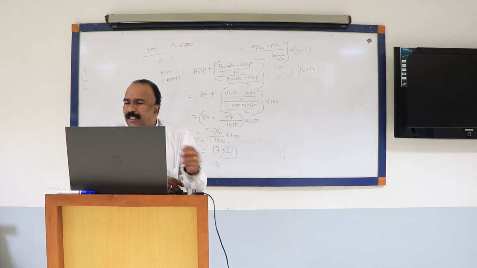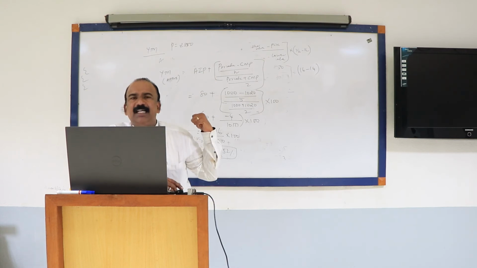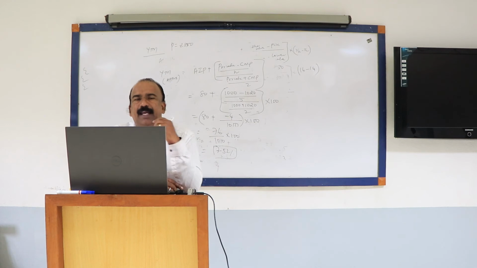Either you can use this equation or the equation that we are doing. Anything is okay from the examination point of view. Either you can divide by 2 or use 0.6 into 1020 plus 0.4 into 1000. Anything is perfect, you will get full marks. Got it?